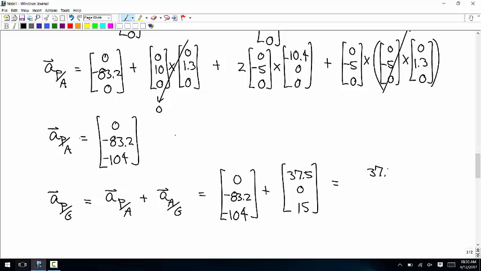And that's 37.5, negative 83.2, negative 89. They match. Isn't that like the coolest thing you've ever seen in your life?